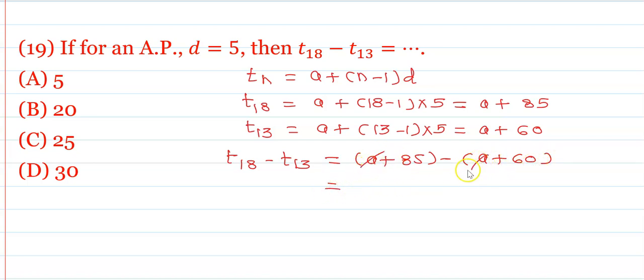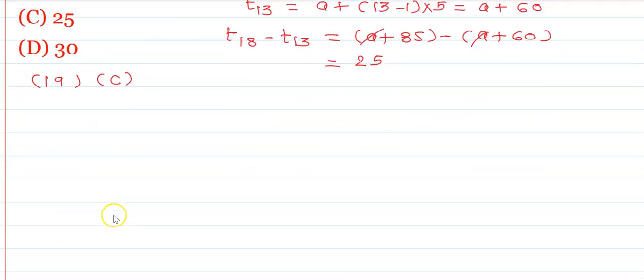If we do the simplification, plus a minus a will get cancelled. 85 minus 60, and therefore here you will get 25 and therefore option C is the correct one. This is 19. The correct answer is C. We do 85 minus 60 here. When we open the bracket, plus a minus a will get cancelled. 85 minus 60, therefore you will get here 25. C is the correct one.